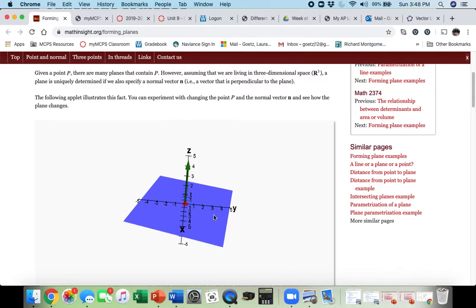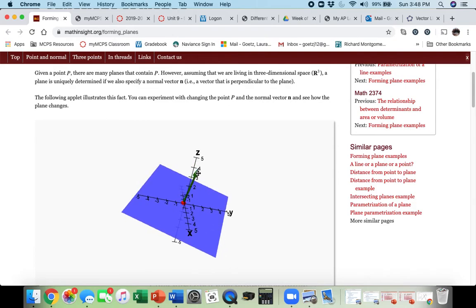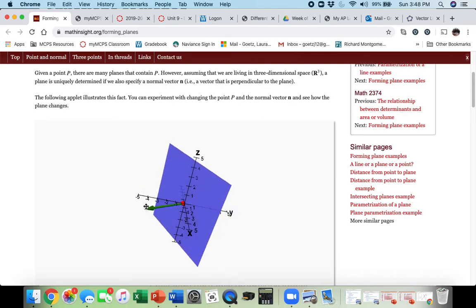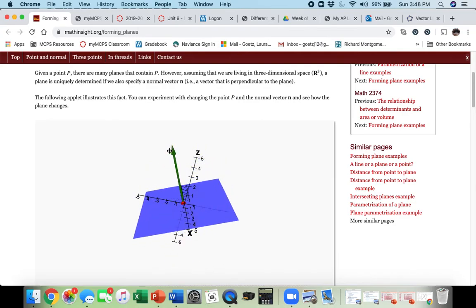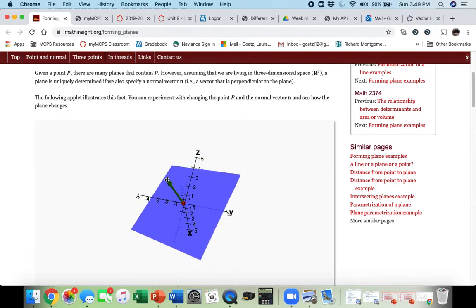You see I've nailed it down, absolutely perpendicular. My hammer was down the z-axis and I nailed through the origin. Again, if I move the normal around, it changes not the location of the point, but the orientation of the plane.